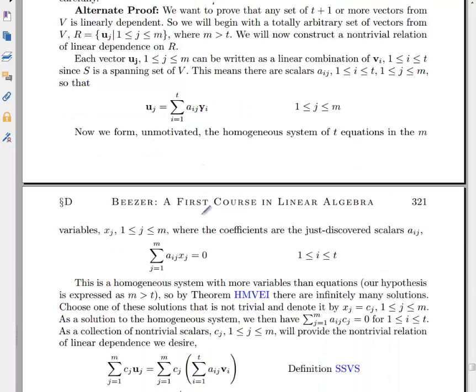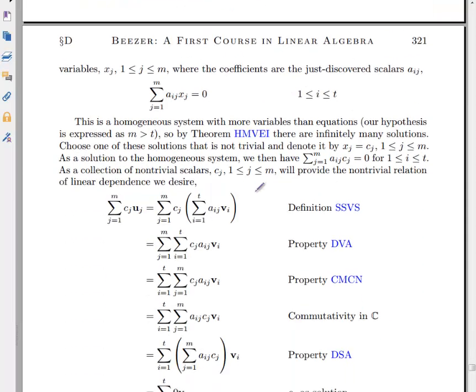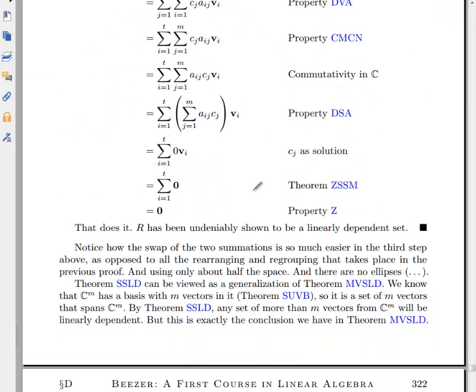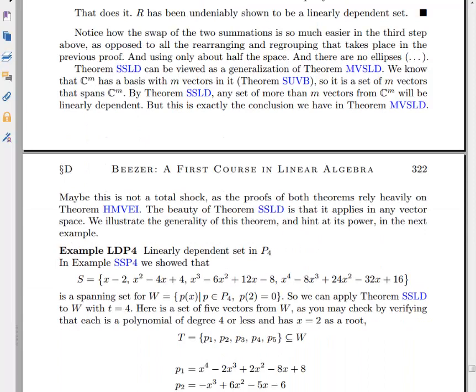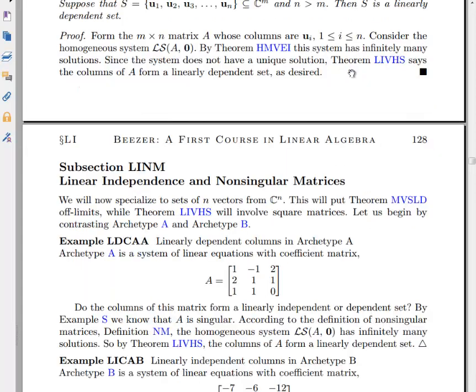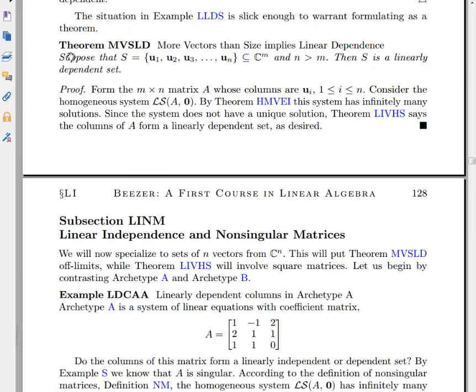I'm going to skip this alternate proof, which uses more coordinates, but you can look at that at your leisure. I just want to point out this comment that we did prove something very similar before for column vectors. This theorem.